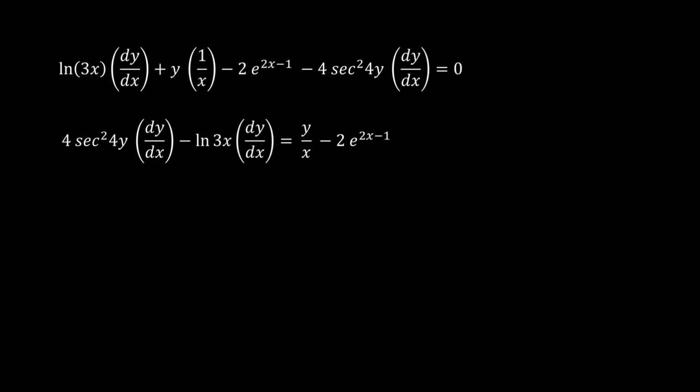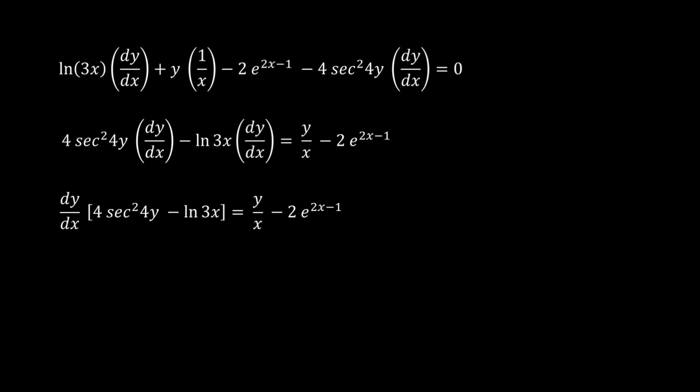And then we must factor out dy over dx in the equation like this: dy over dx in brackets, 4 secant squared of 4y minus ln 3x, equal to y over x minus 2 exponential power of 2x minus 1.